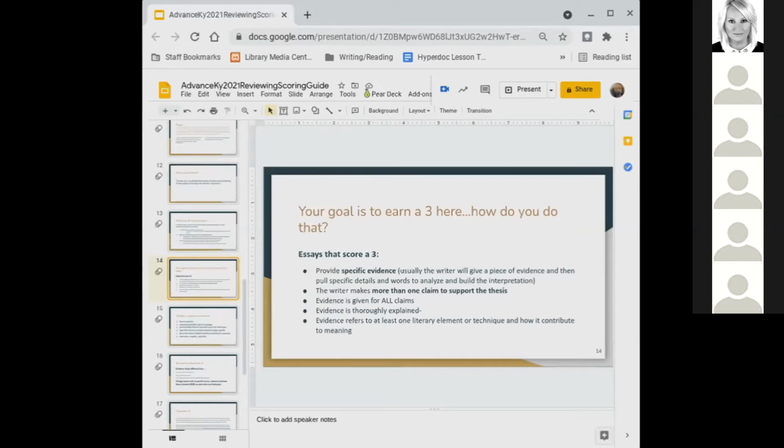By that I mean that you might refer to a sentence or a line from the text. So think about how you use evidence, okay? But then often in a 3, the writer will say, in this line, the word X does something a little bit more.